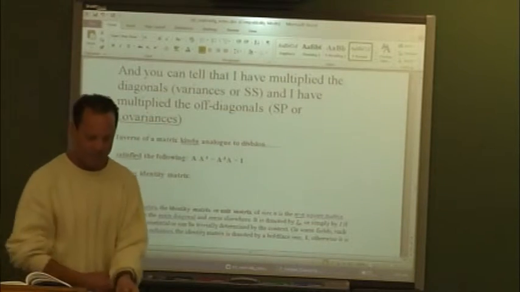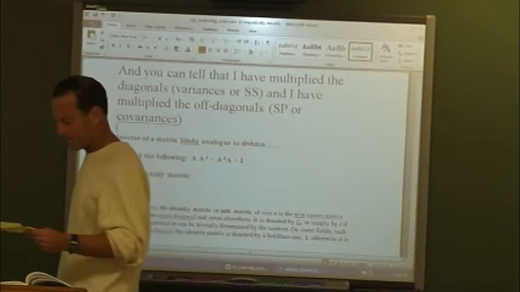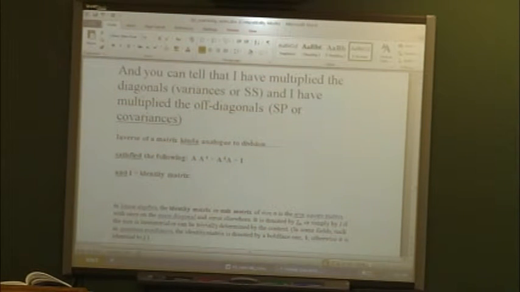So that's the determinant, everybody. What's the determinant here? 1 times 4 minus 1 times 1, so the determinant is 3. Got it. Does everybody see that?